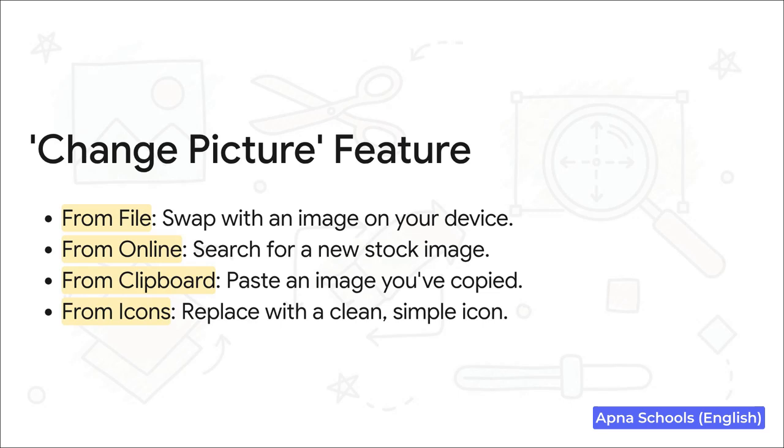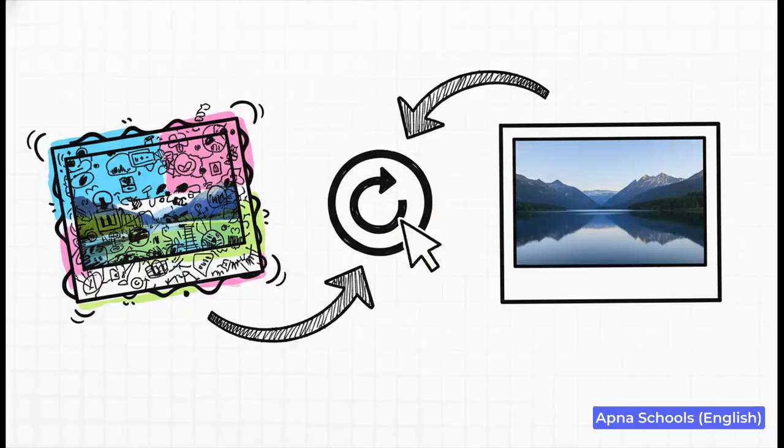Change Picture lets you swap in a new photo, and Word automatically tries to apply all your formatting to the new one. It is a massive, massive time saver. And this right here, this is your magic undo button. Your get-out-of-jail-free card. If you get a little too wild with the artistic effects or the color corrections, just click Reset Picture. It instantly wipes the slate clean and takes you right back to the original. So seriously, go ahead and play around.